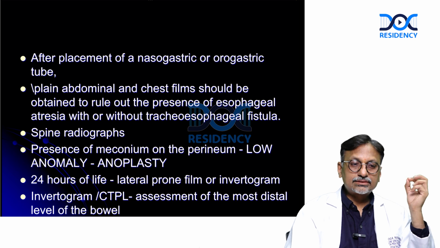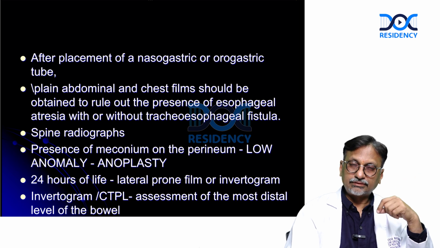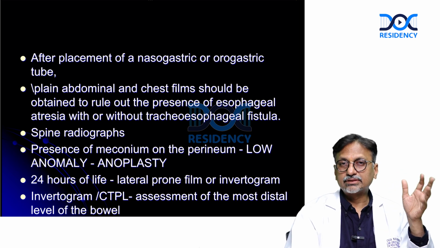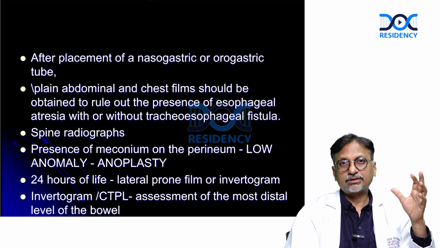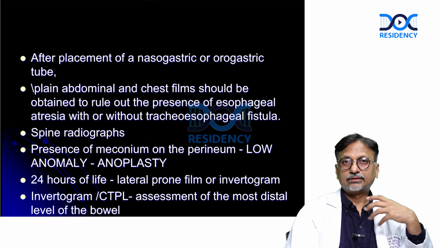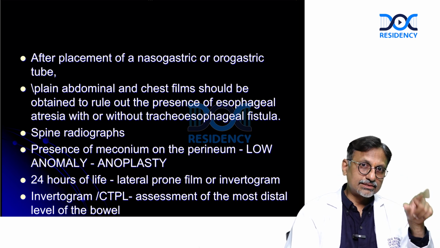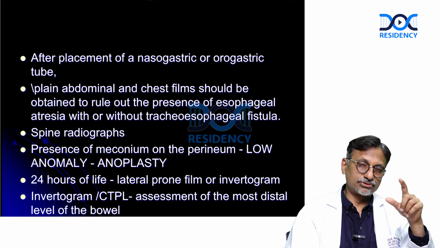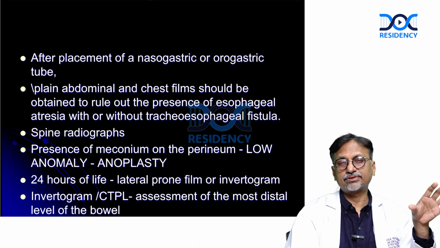If the feeding tube is not going beyond 10 centimeters, then we suspect esophageal atresia or a tracheoesophageal fistula. Then we take one X-ray film of the chest to see if there is any coiling in the upper esophageal portion. That confirms esophageal atresia or esophageal maldevelopment.